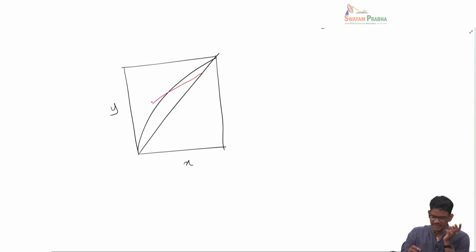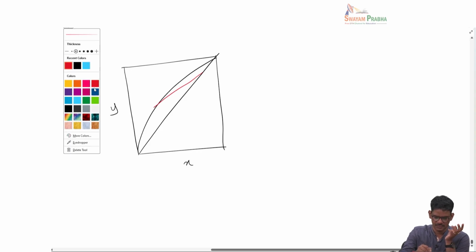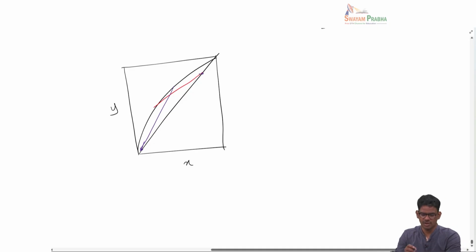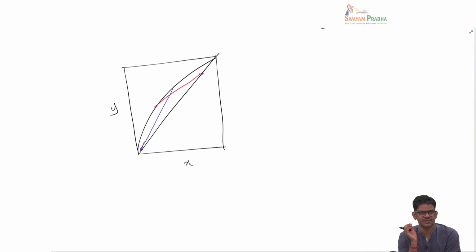We'll have one operating line like this, and another operating line something like this. The red line will be drawn for the absorption section at the top of the column, and the purple line is for the stripping section at the bottom of the column.